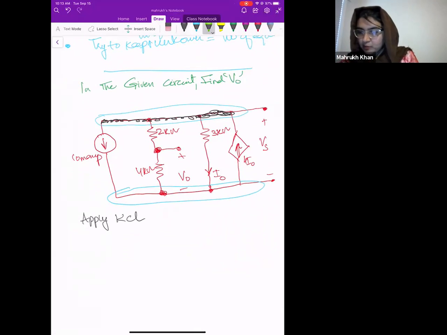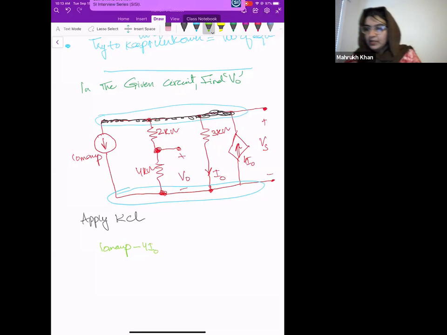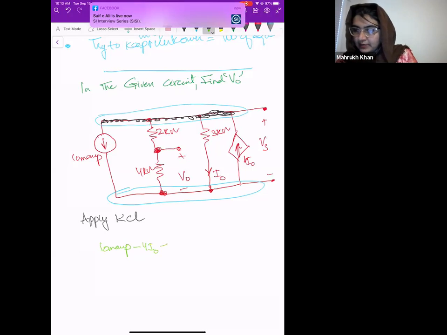can you help me write what the equation should be? So 10 milliamps is fine. Then remember there is a dependent source as well, which is 4I naught. So I will write it as minus 4I naught, because one is leaving and one is entering.